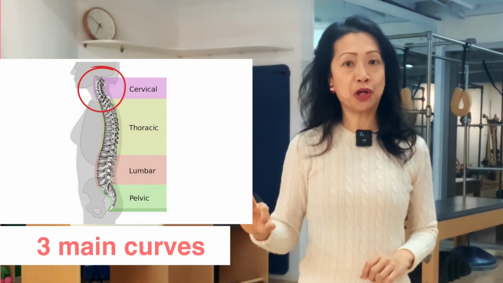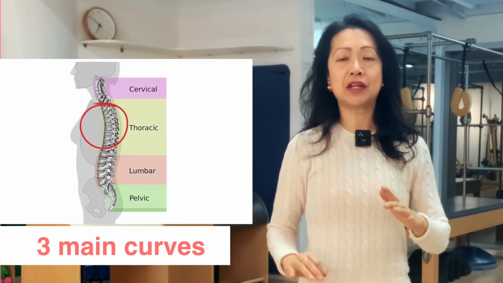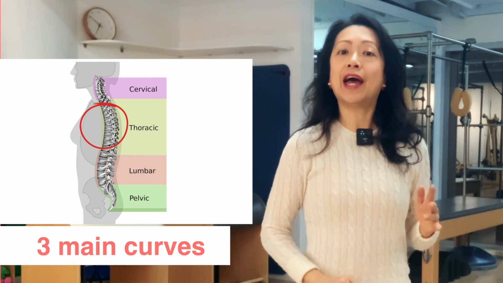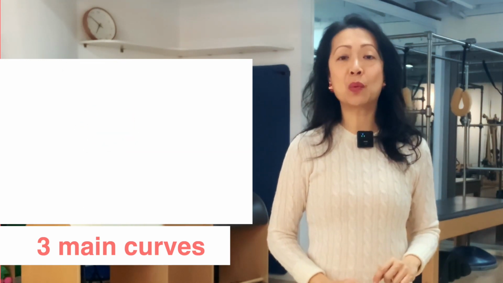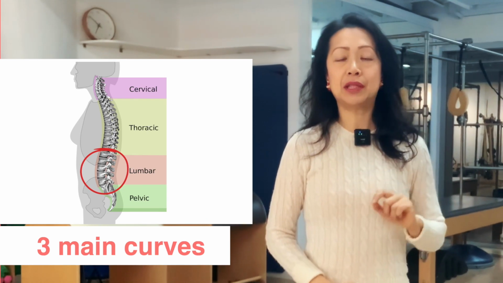Our spine consists of three main curves: the cervical curve, the kyphotic curve in our upper back, and the lordotic curve in our lower back. We need the three curves to coexist at the same time so that our spine is balanced.